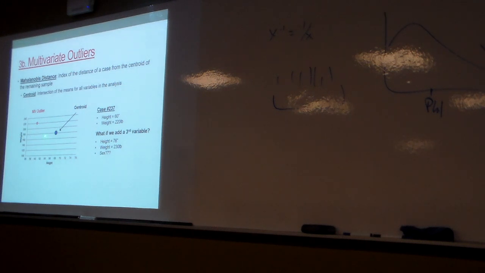So this is my sample mean of height and my sample mean of weight. Here's the centroid in that two-dimensional space. Then I've got someone who has a height of 60 inches and a weight of 220. This person may end up registering as a multivariate outlier because of the distance away from the clustering of everyone else.